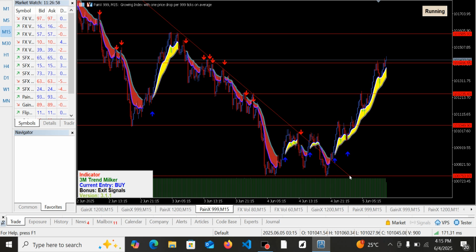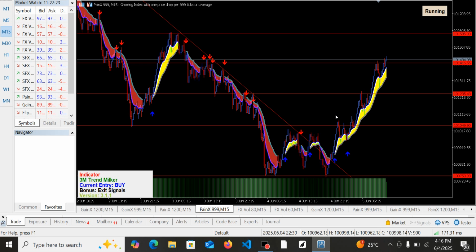At the same time, I also gave them where to put the stop loss in order to reduce the risk in case the market decided to misbehave. And of course, I gave us the first TP at this point, the second TP at this point, and this is the third TP. It has achieved the first TP, it has achieved the second TP, and the third TP is going on right now.